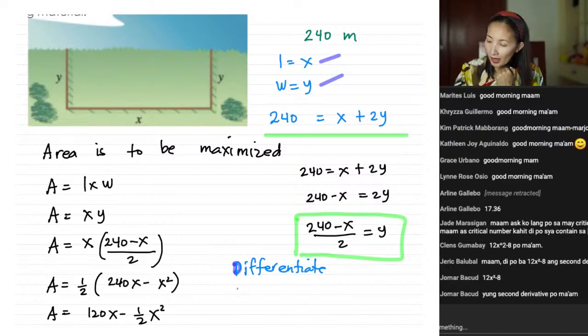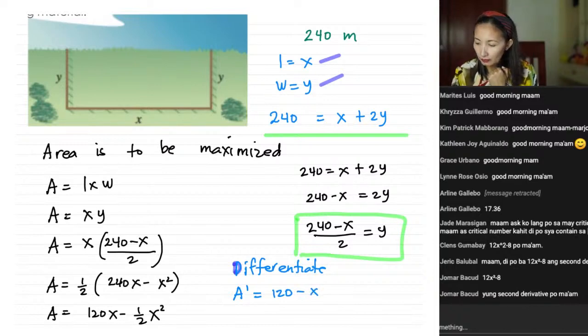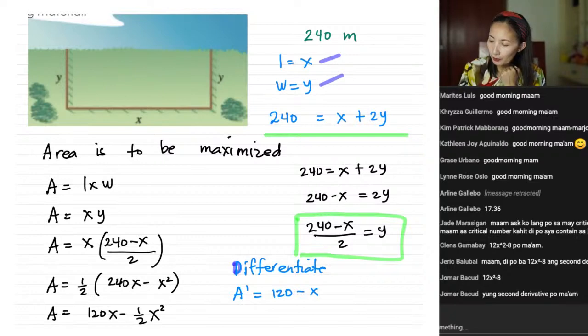So A prime will now be 120 minus x. Because this 2 and 2 will cancel out, leaving x.